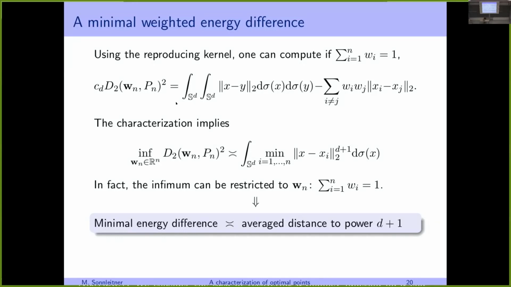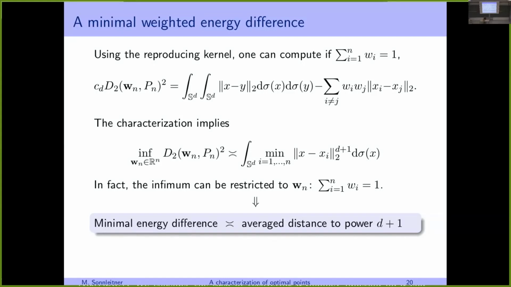And then our characterization from before implies that this weighted L2 discrepancy is a worst case error in a Sobolev space, and if we minimize over the weights, we have an expression. Namely, we have this average over the distance function, where we have now the Euclidean distance function with this power d plus 1. And in fact, we can restrict the infimum in this expression to only weights summing to 1. One may lose a constant by this, but we are not interested in constants.